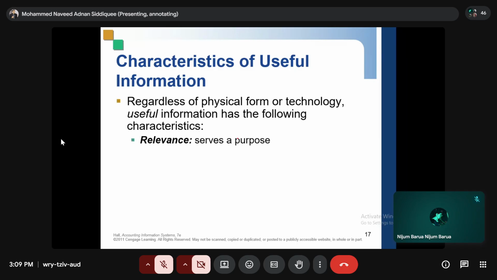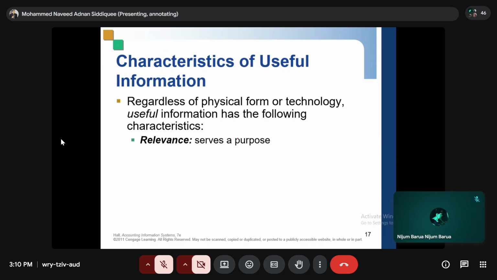Number 1, relevance. Whatever information you are producing, it needs to serve a purpose. For example, what is your objective of preparing the information? When you calculate the sales data for all the Shopno stores, you're trying to calculate the sales because you want to see which products are more profitable, which products are less profitable.